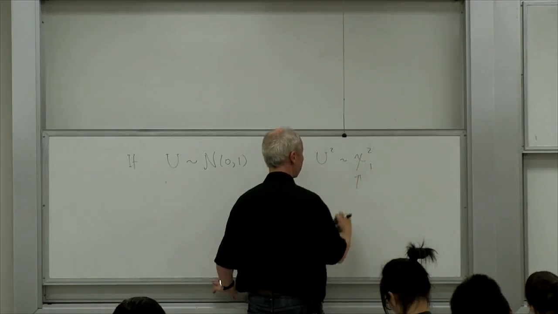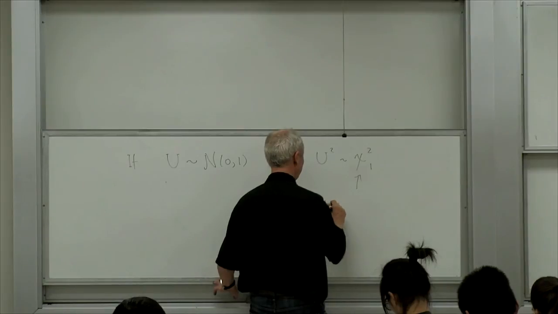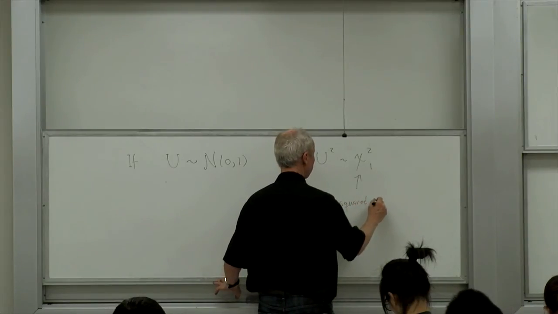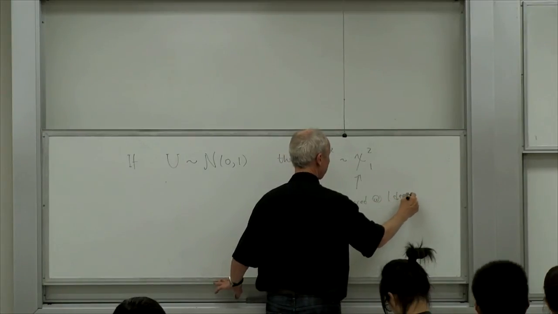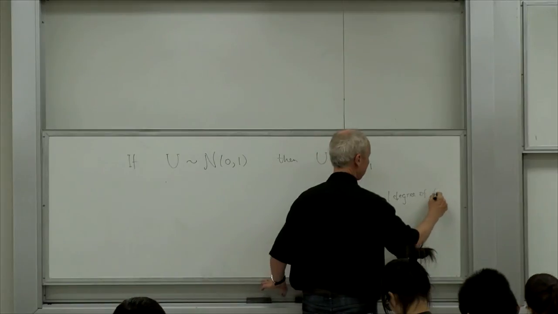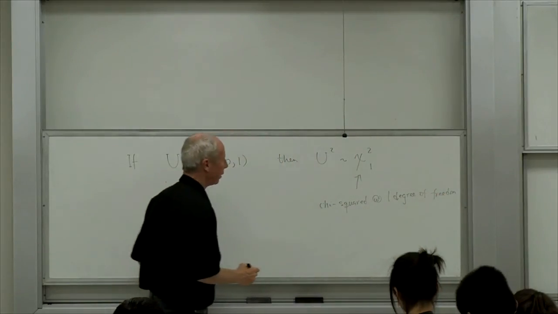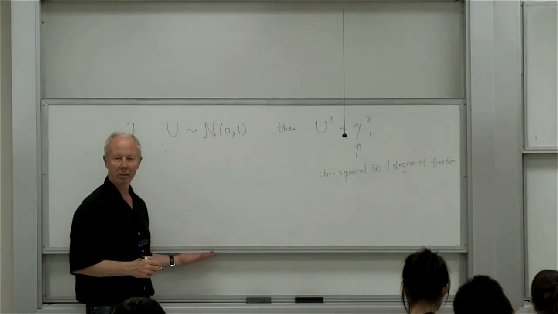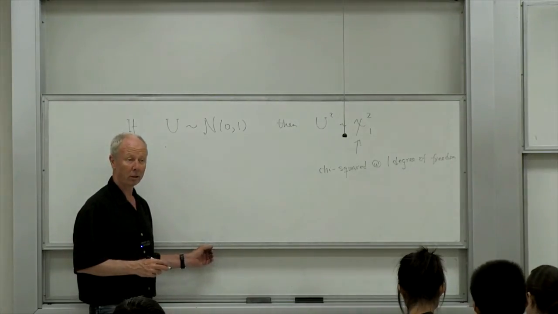Sometimes a 1 isn't there, and then it's understood as there, and this is called chi-squared with 1 degree of freedom. And actually, this is going by an alias. It's actually a distribution you already know.